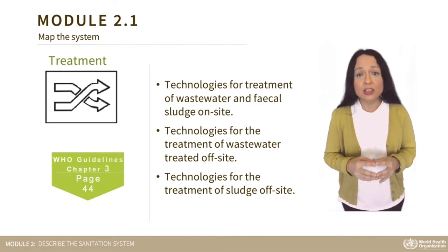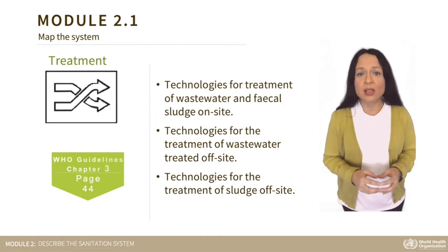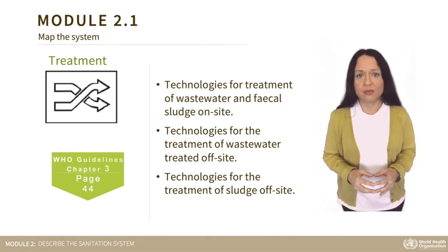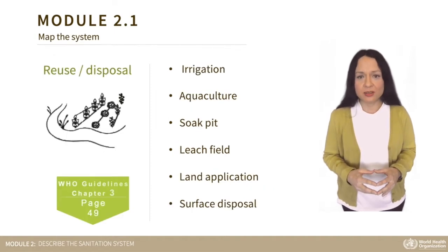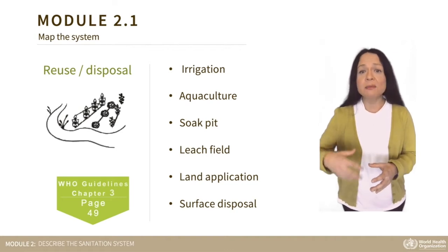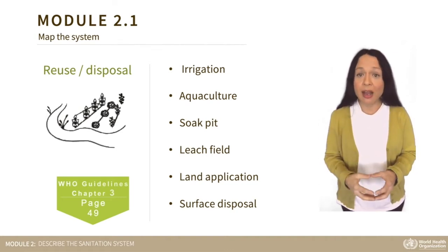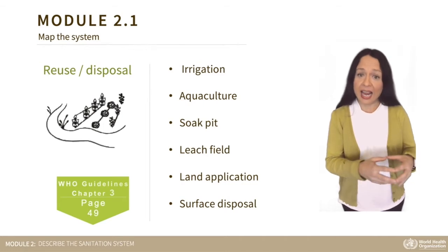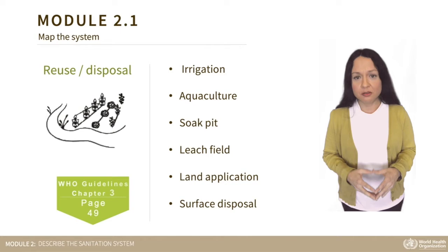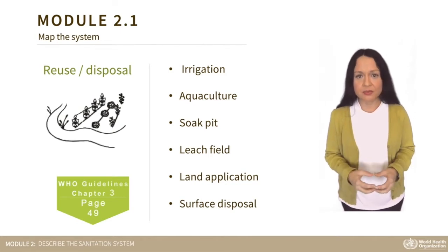This includes technologies to treat wastewater and fecal sludge on-site and off-site. Reuse or disposal. It refers to technologies and methods by which treatment products are ultimately discharged into the environment, either as an end-use product or reduced risk material, for instance, irrigation.